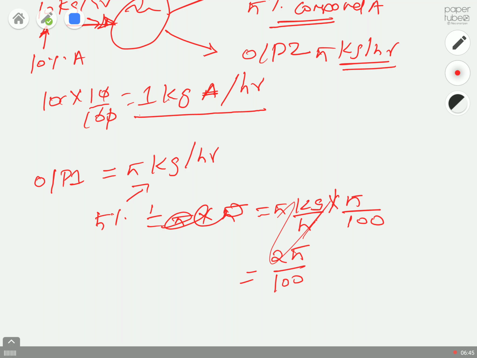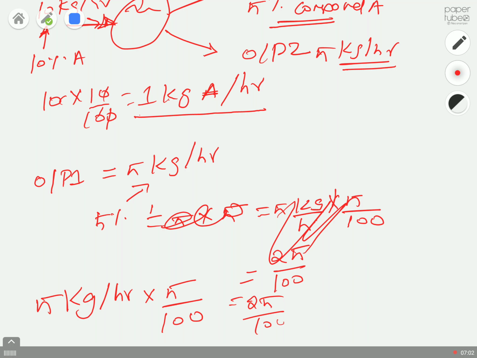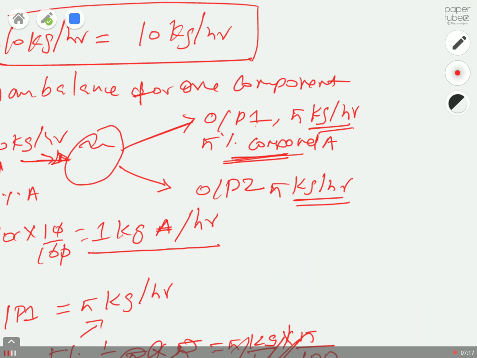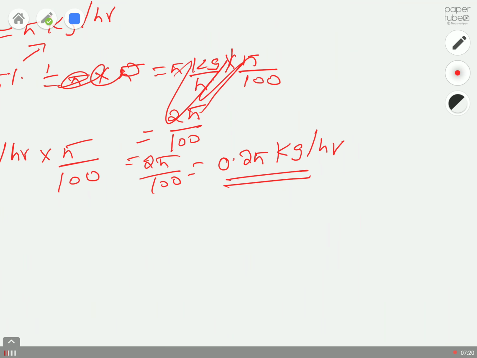Let's calculate again. 5 kilograms per hour, that's your output stream 1, and 5% of this is your compound A. So 5 by 100, that's equal to 5 5s are 25 by 100, which should be equal to 0.25 kilograms per hour. So the mass flow rate of compound A in stream 1 should be equal to 0.25 kilograms per hour.